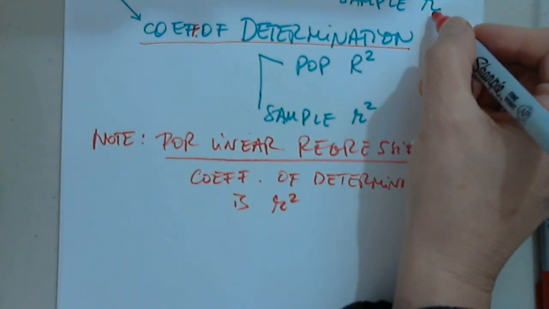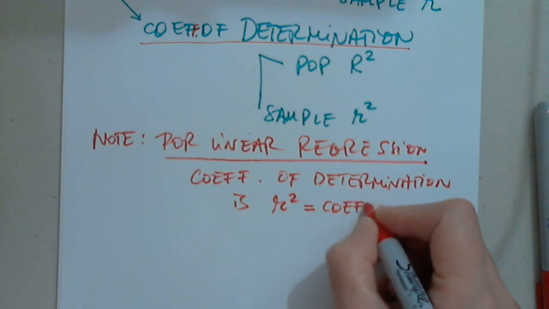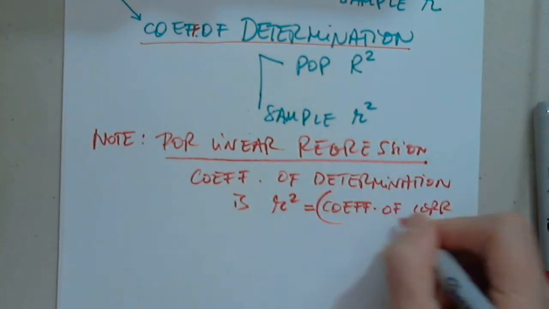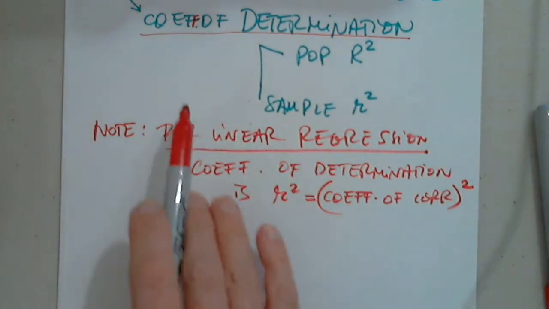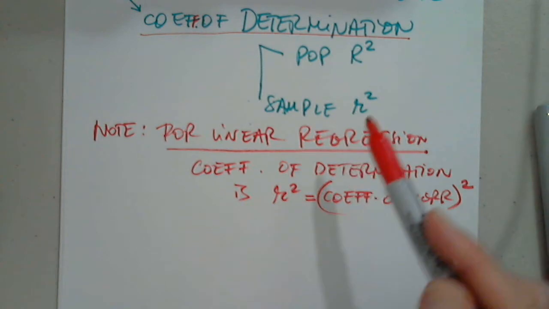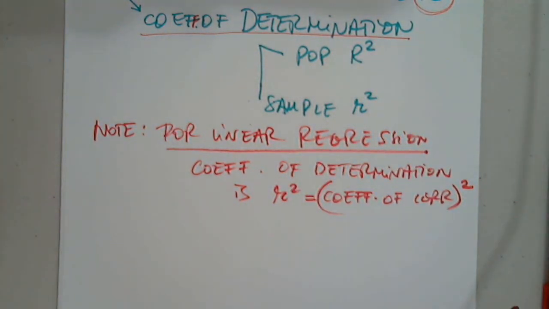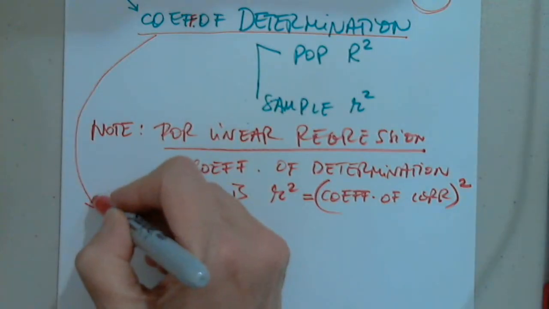This r squared equals coefficient of correlation squared. It will not be determined by squaring the correlation coefficient for other models.